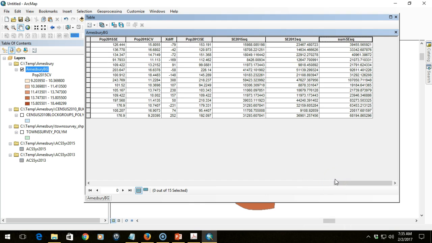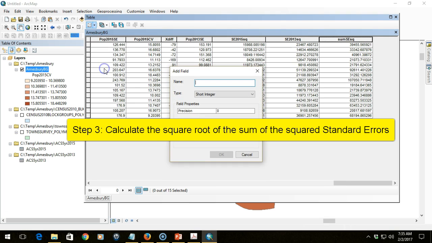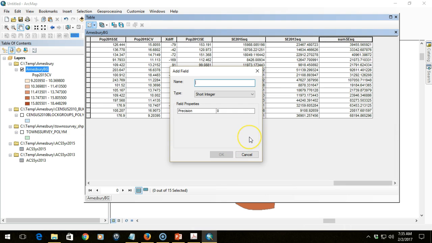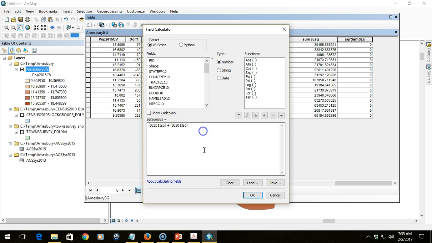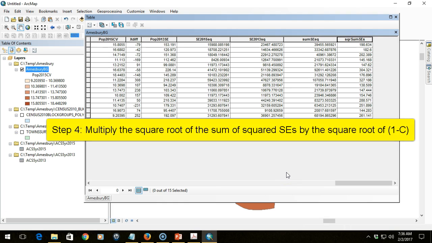Then, well, not finally, we're almost there, we calculate the square root of the sum of the squared standard errors. We need to also derive the square root of 1 minus c, because we're going to need to multiply it by this value.